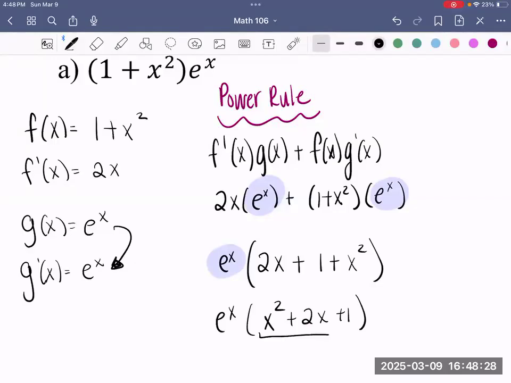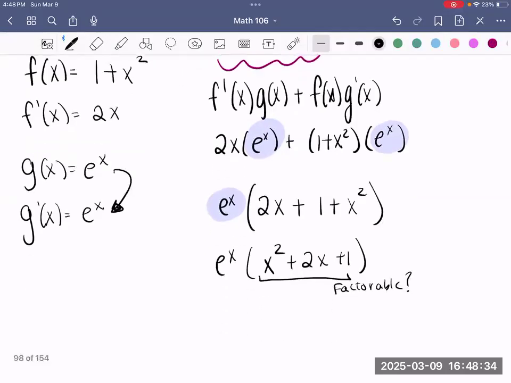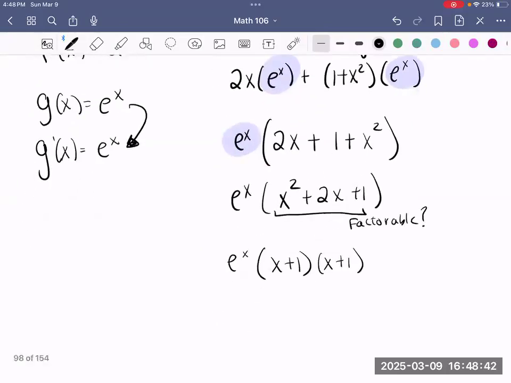Now let's go ahead and see if this is factorable. It is. So we have e to the x times x plus 1, x plus 1. And because there's 2 of them, we can write that as a square. So this is fully simplified.